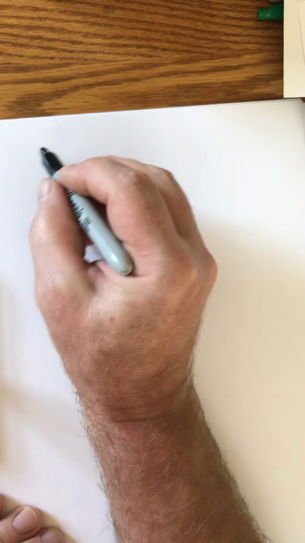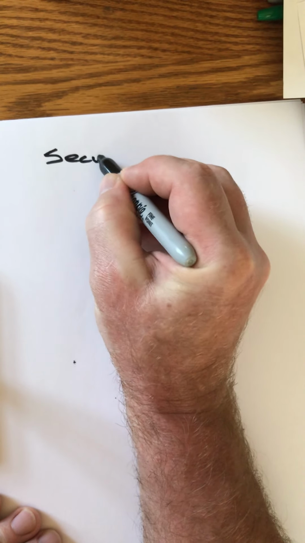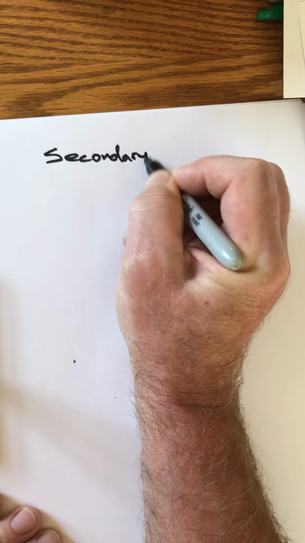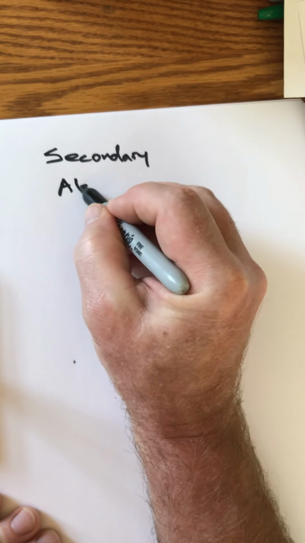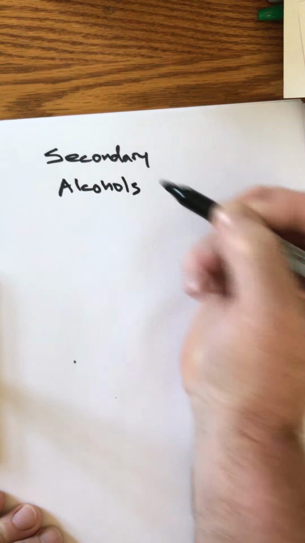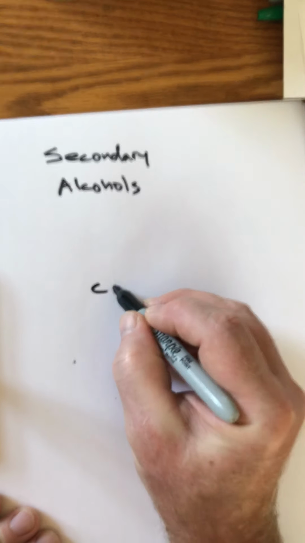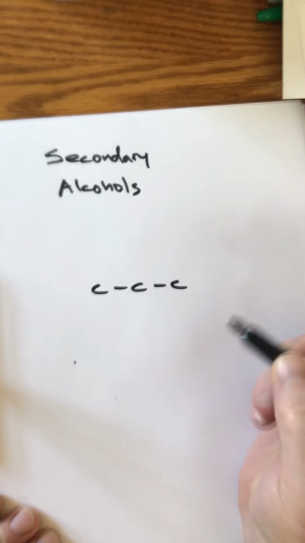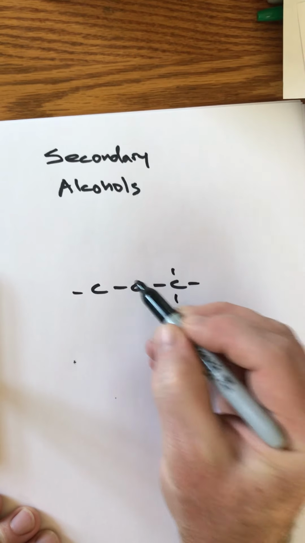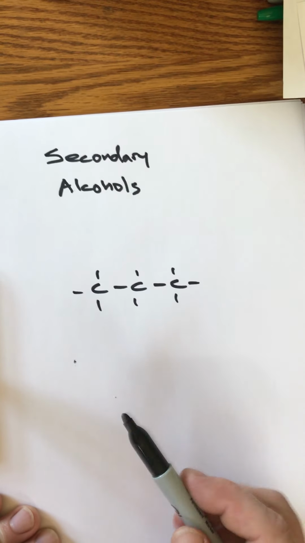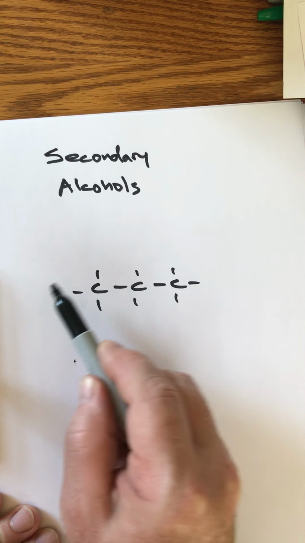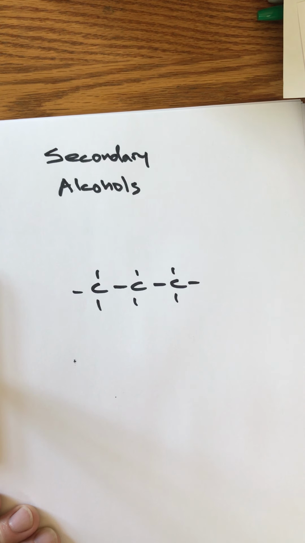Okay, well, keeping 1-propanol in mind, next card, secondary alcohols. Let's go back to a chain of 3 carbons. If I put my OH here or here on the end, the terminal position, I called it a primary alcohol.